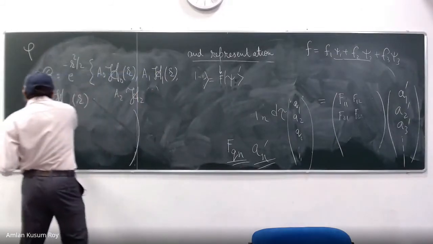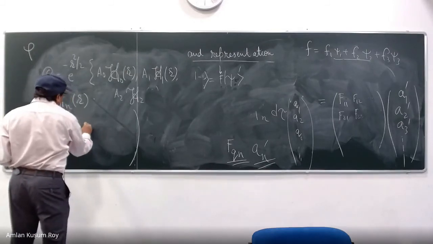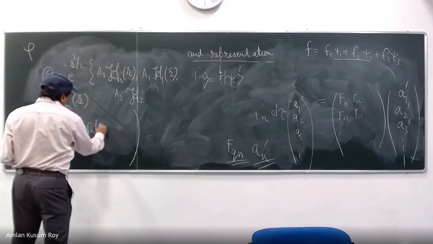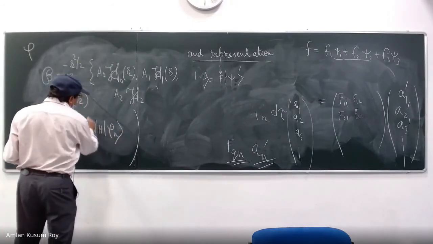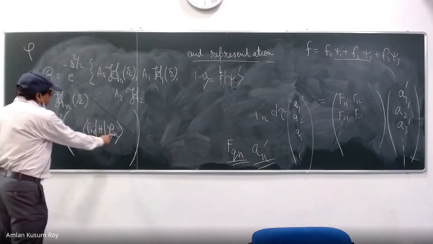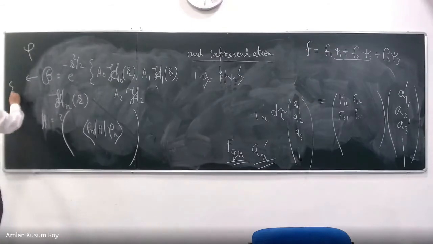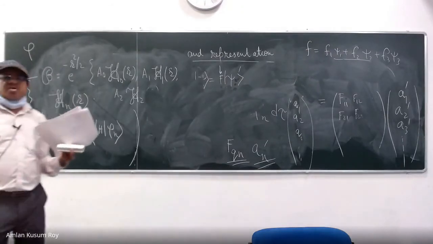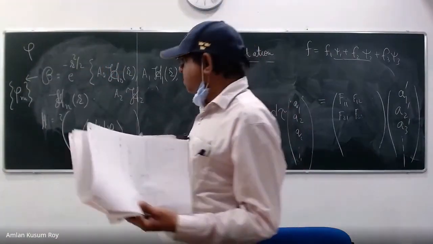This Hamiltonian matrix will be represented by what? Basically, this is the basis. What is psi m? Psi m is my basis. Even if you forgot, even if you don't know anything, you still can answer that question by looking at it.